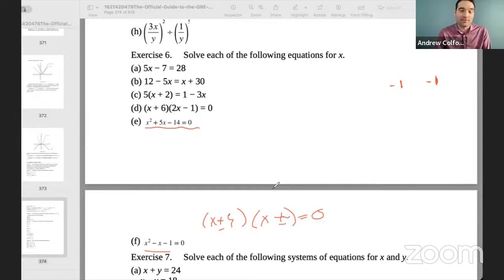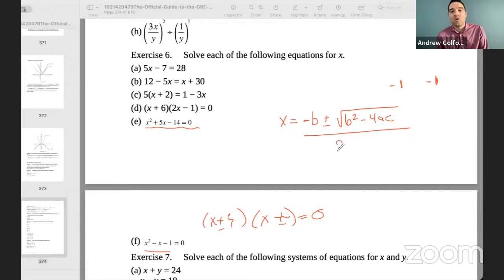The formula is in the book, so technically it is fair game. I've probably seen one real GRE question that actually requires you to know the formula, but here it is. X is equal, might bring back some memories, to -b plus or minus the square root of b squared minus 4ac, all over 2a. And of course, the a, b, and c refer to ax squared plus bx plus c.